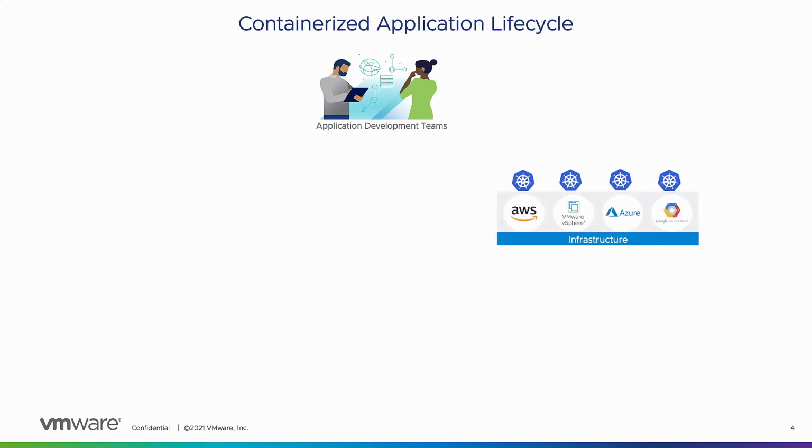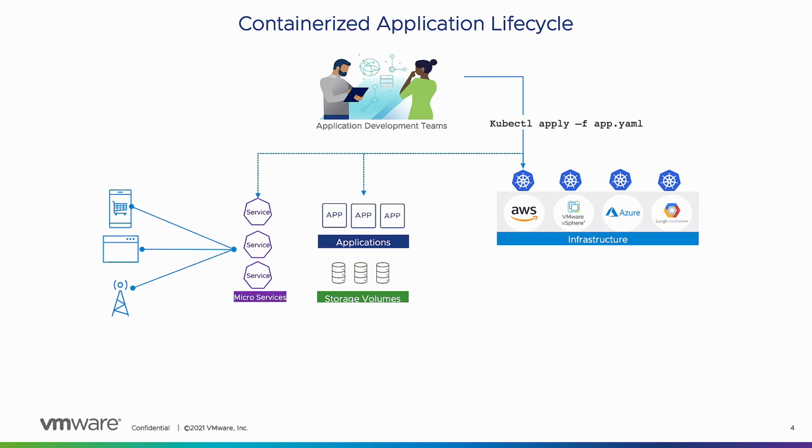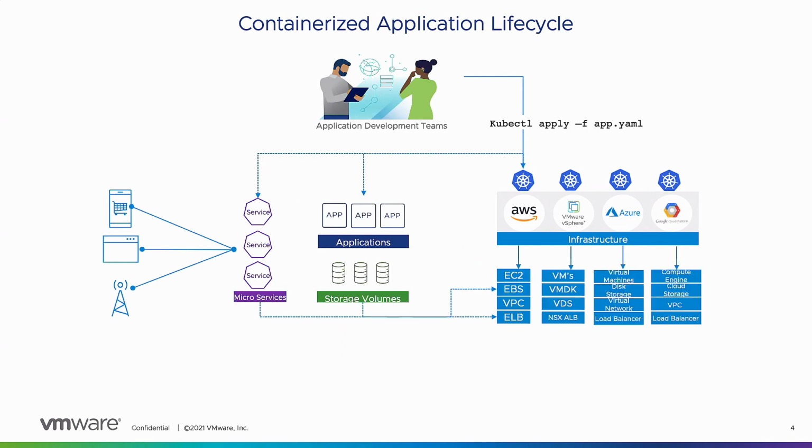So as teams start throwing kubectl, here's my application, here's my requirements, go run it, Kubernetes is going to start deploying those applications, build microservices, and build the required underlying storage, config maps, etc., needed for that application to stand up.